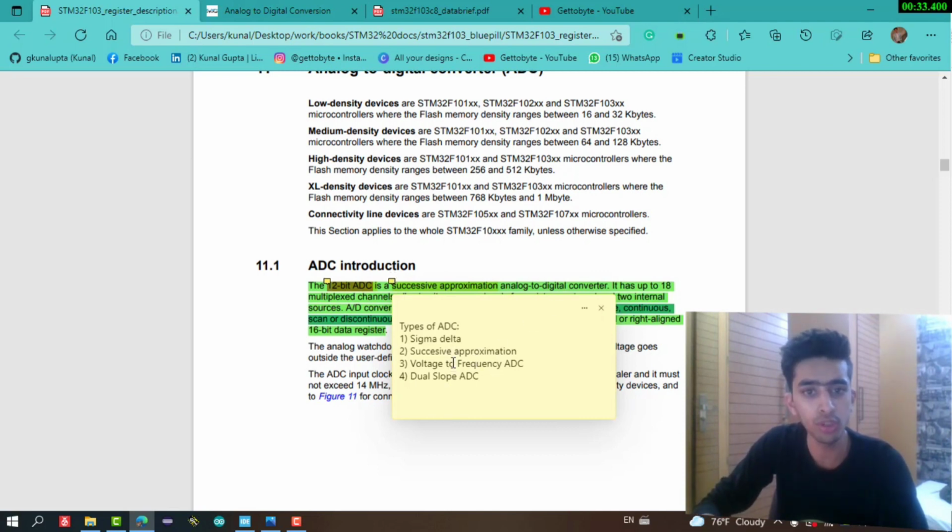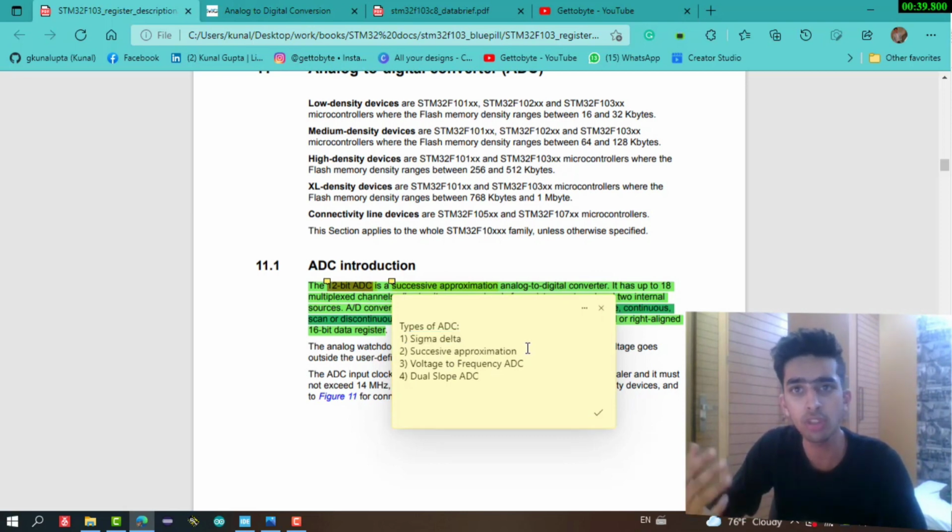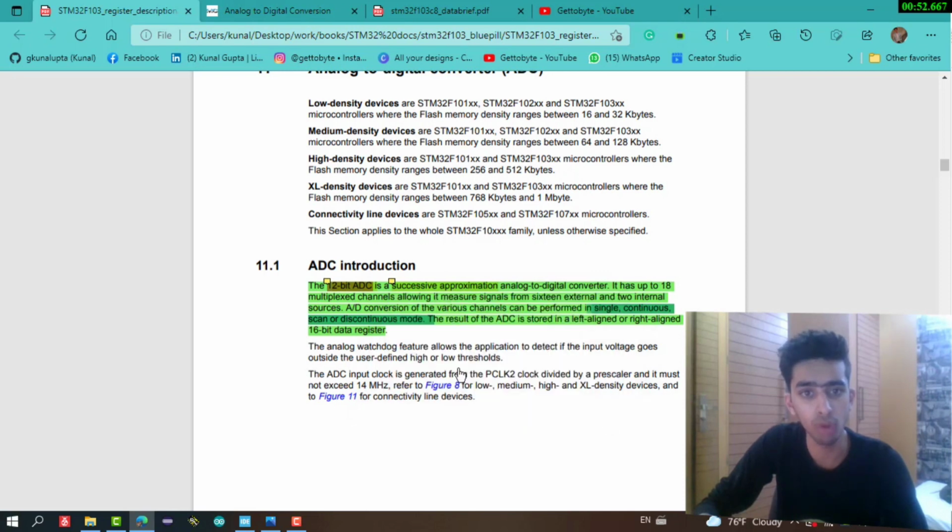Out of all these four, the sigma delta and the successive approximation are the most common ones and are widely used across our microcontrollers, across different analog to digital converter sensors like our current sensor modules of ACS712 or flex sensors and other such things, or in AVR microcontrollers also.